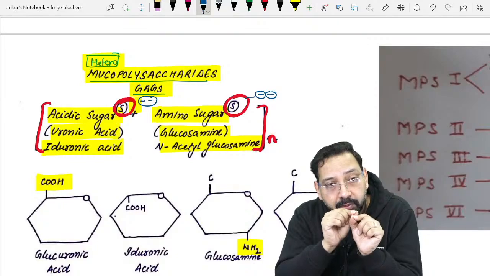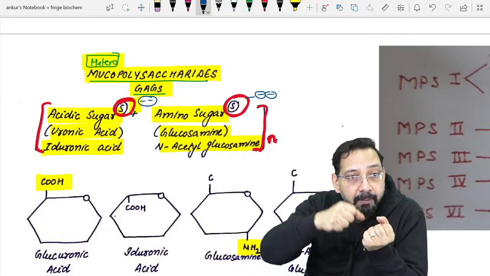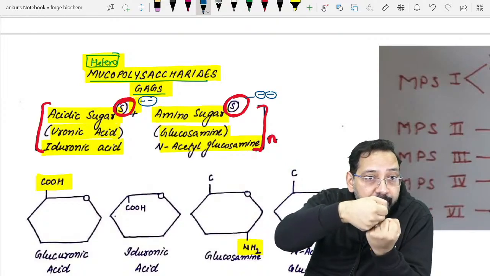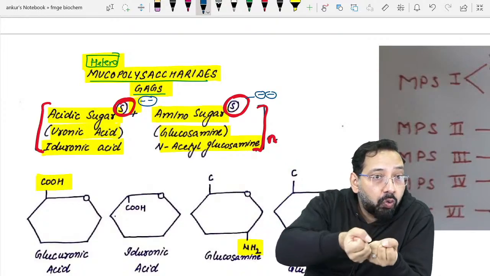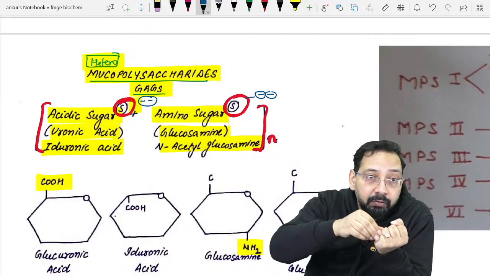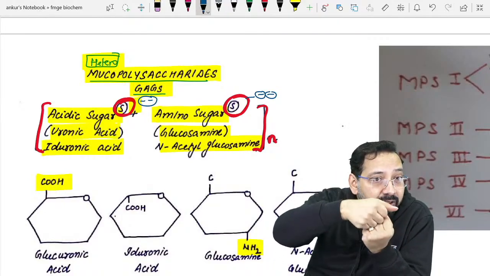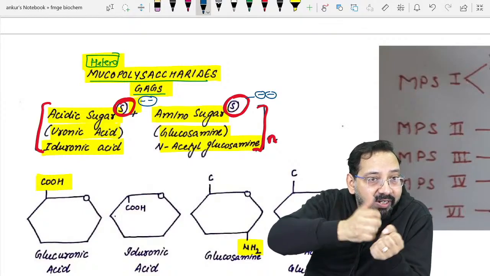So these bones never strike because of this synovial fluid. And in old age, when this synovial fluid is depleted, these two strike, causing osteoarthritis.